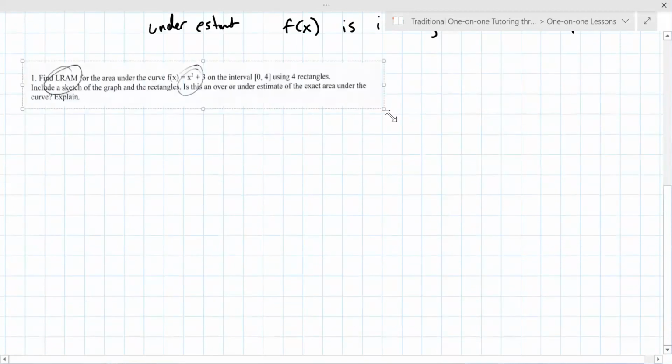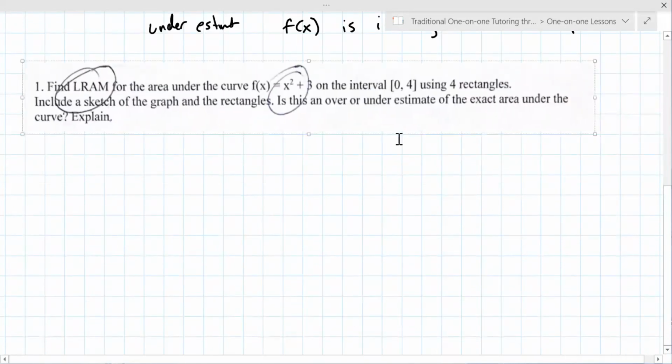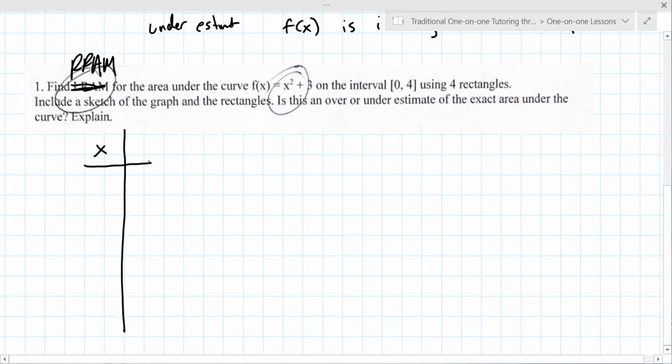Okay, we're just going to change this to RRAM. So I'm going to make the table again, but this time you don't need 0 because you're not going to use it. So we can throw it in there, but you're going to reuse some of the values.